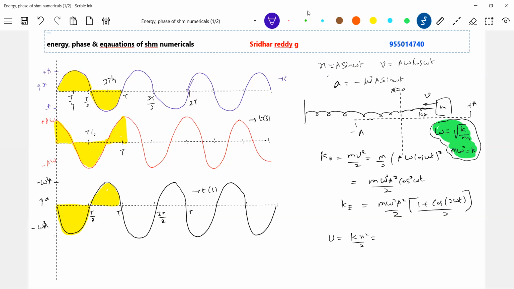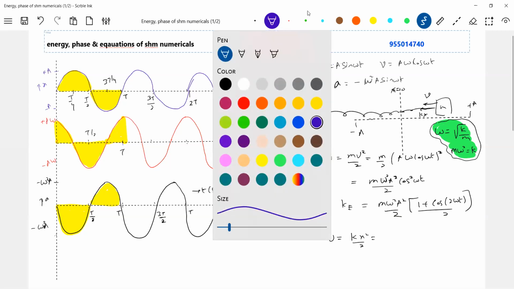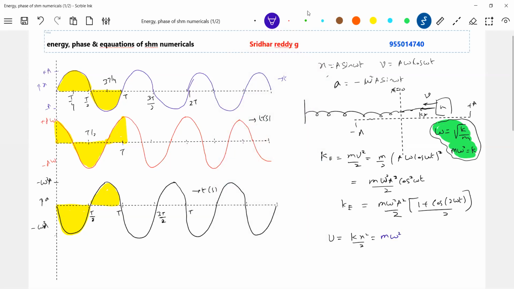Yes, k as m omega square by 2, x square, a square sine square omega t. Now, m omega square a square sine square omega t you can write as (1 minus cos 2 omega t) by 2. This is the expression for the potential energy.